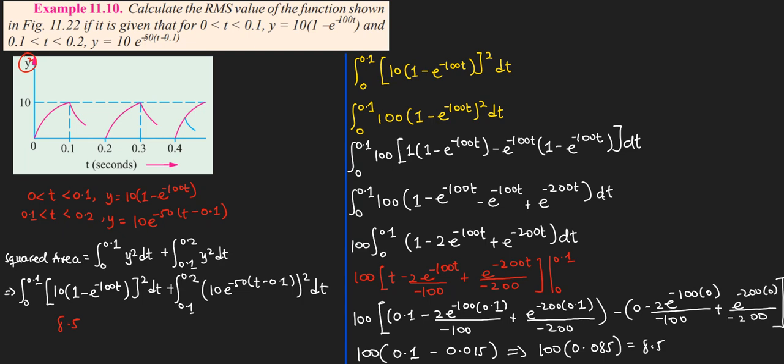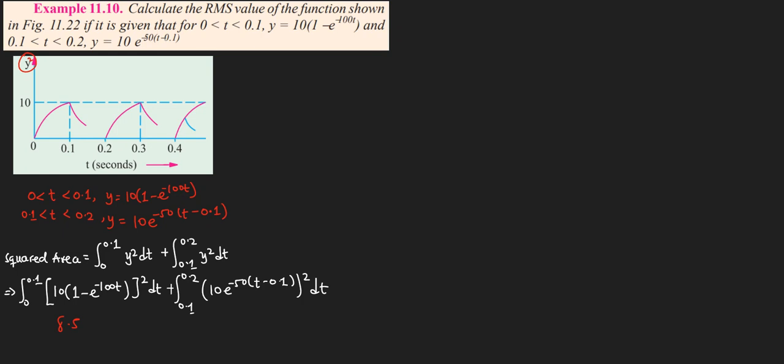You're going to add it to the second squared area. So let's look at that. Let me free up some space so that we find the second squared area. So for the second area, you are going to have the integral from 0.1 to 0.2, and then we have 10 multiplying e to the power minus 50 multiplying t minus 0.1 bracket close all squared dt.